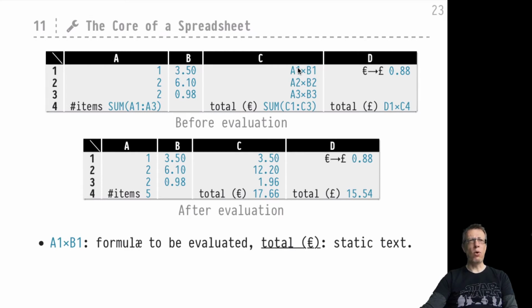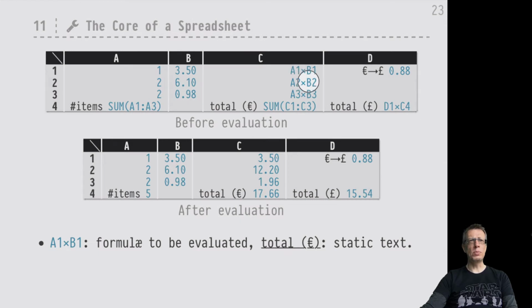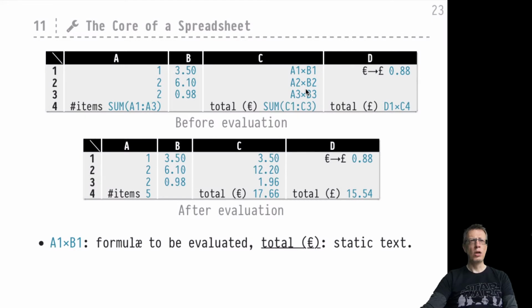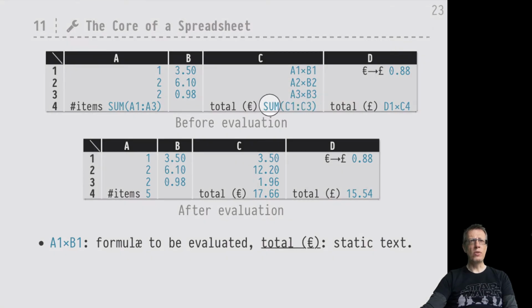And of course, all of the formulae would have to be evaluated here. So this would probably result in 2 times 6.1, that's 12.2, and that would be the value of cell C2. We could evaluate this cell here and would obtain more literal values, all right? Once we have obtained all of these literal values in column C here, we would be ready to evaluate this particular formula.